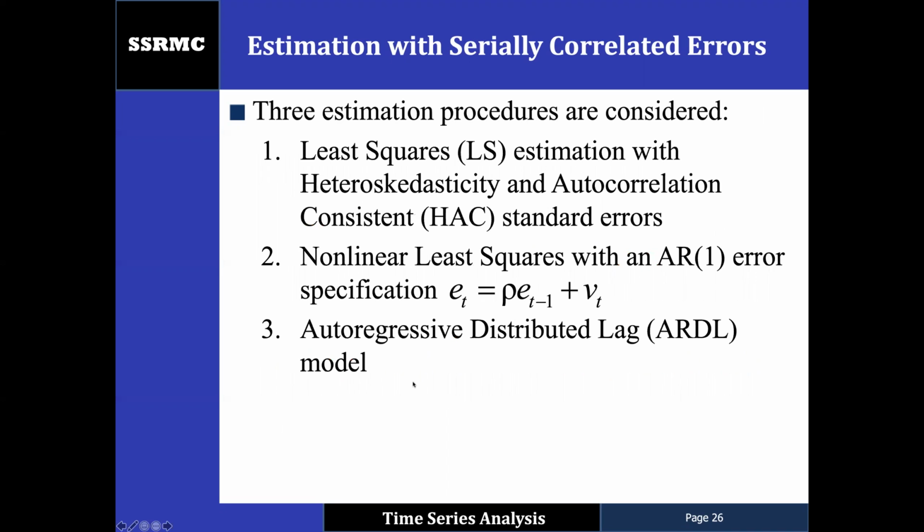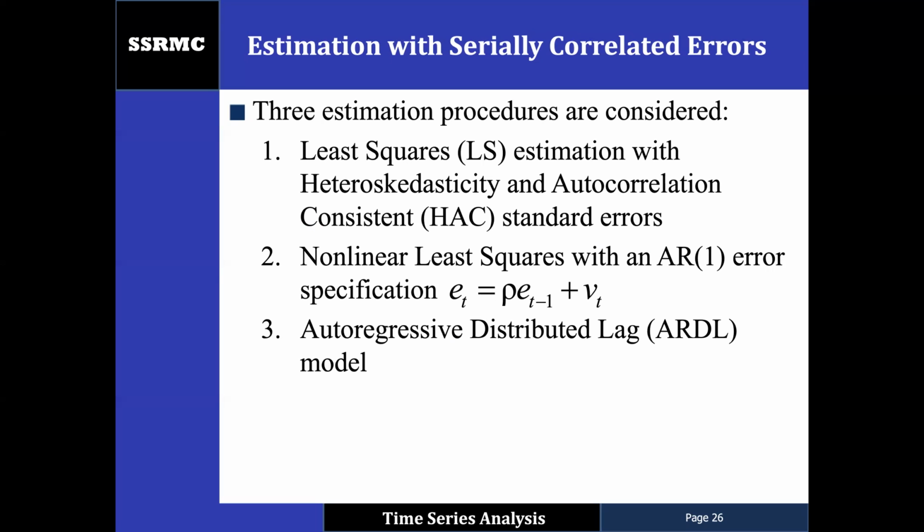We have three strategies, or three estimation procedures, that can be used to address this issue. The first one is to run a least squares estimation. However, we use alternative standard errors to correct the bias. We call them heteroscedasticity and autocorrelation consistent standard errors.